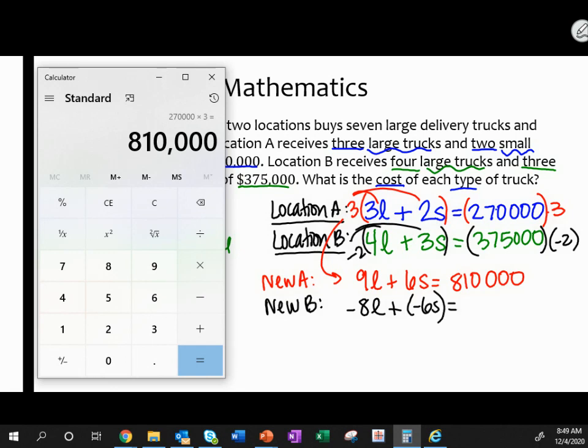And then 375,000 times -2, let me just do this one again in my calculator just to be safe. 375,000 times 2, which is negative, so it will be -750,000.